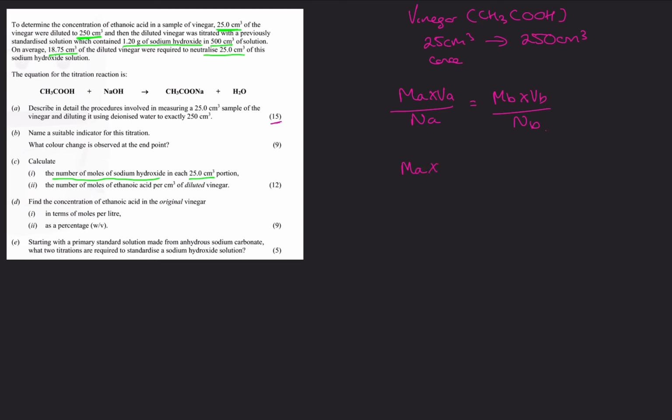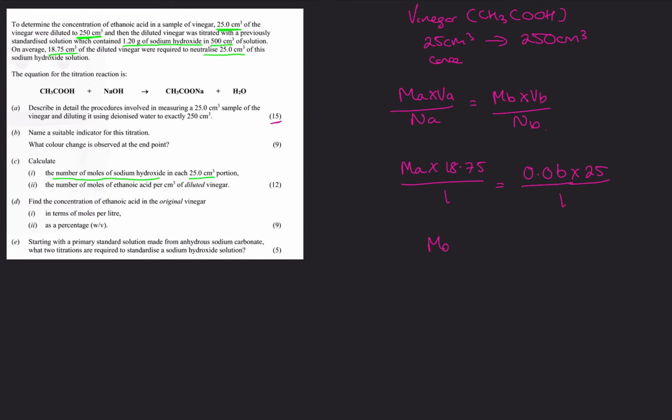The volume of the acid? Yes, we do. The average titer. The number of acid. What's the number in front of CH3COOH in the equation? 1. Molarity of the base, we worked it out originally, 0.06. And the volume of the base, 25. And the number is 1.